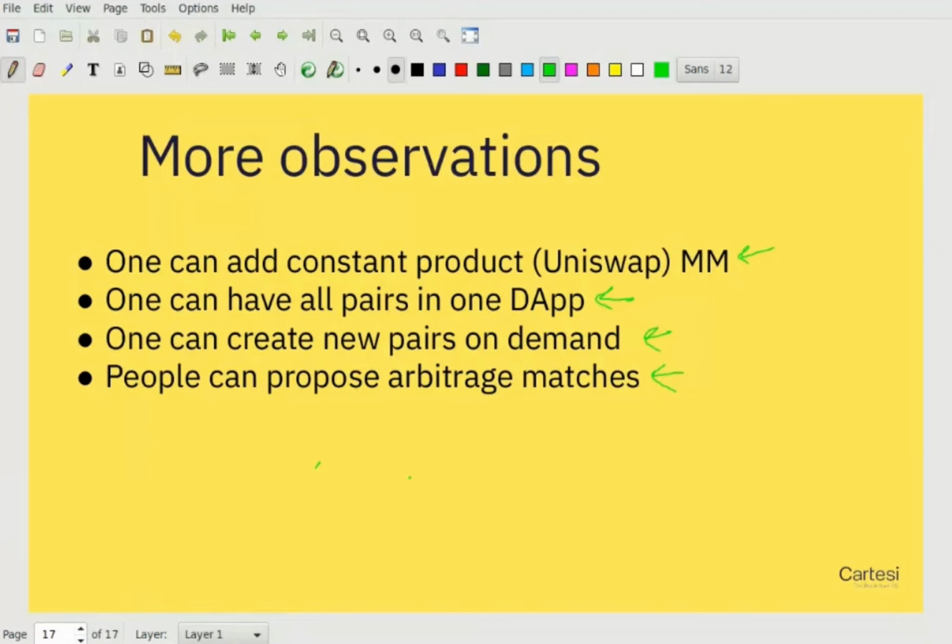Imagine a triangle, and you have orders for one asset here, orders for another asset here, orders for another asset here. And these orders are like, I'm selling this, and I would accept any amount of the other 2 tokens in this proportion given by the slope of this line here. Oh, that's crazy, yeah.